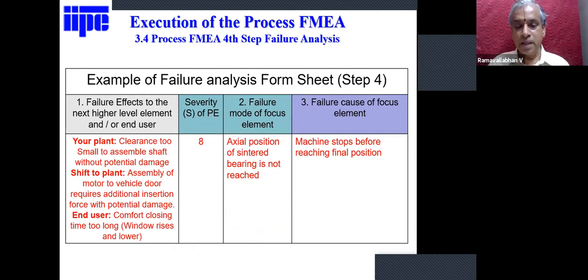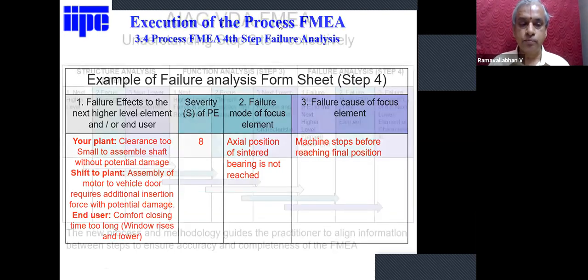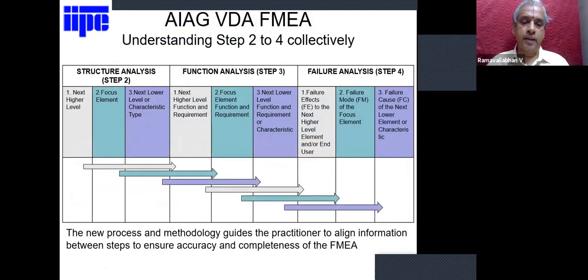Here the failure mode is that the axial position of the sintered bearing is not reached. Your machine stopped before reaching the final position. So if you take the structure analysis, function analysis and failure analysis, from the higher level, the process item has a function.